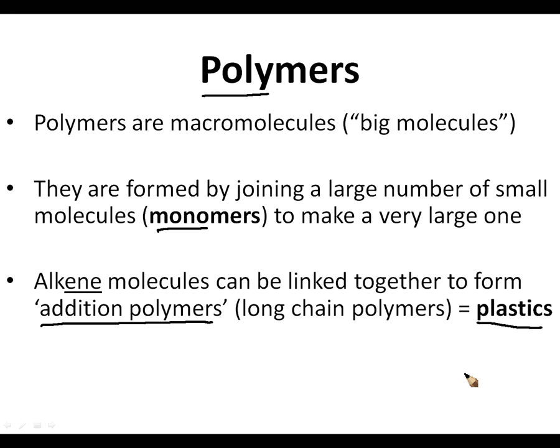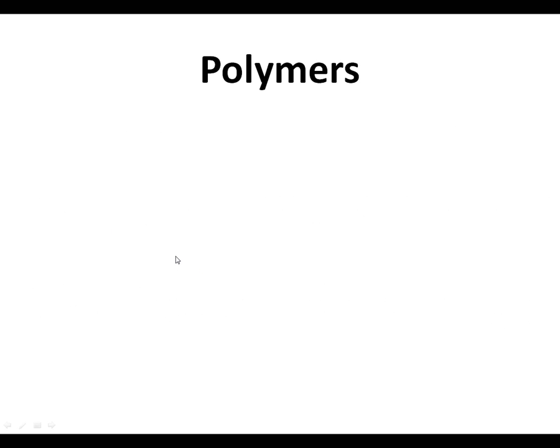How can alkenes combine, or what is it about alkenes that allows them to join together? So if we look here, and I'll just pull out a pen. If we look at an alkene, let's look at the simplest one, just because I'm pretty slow at drawing on the computer.